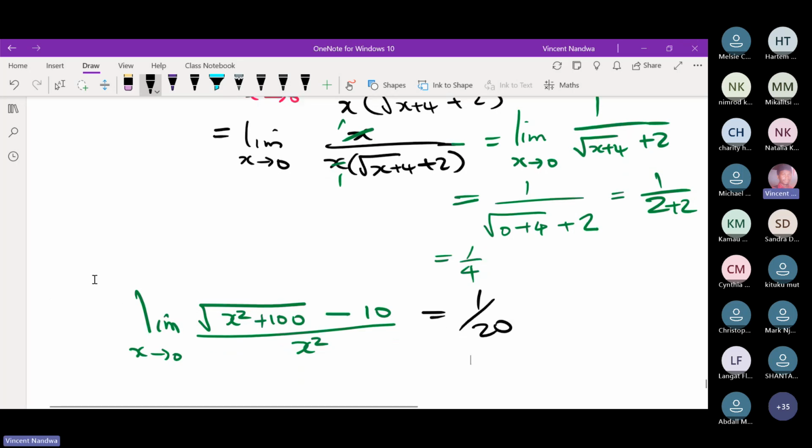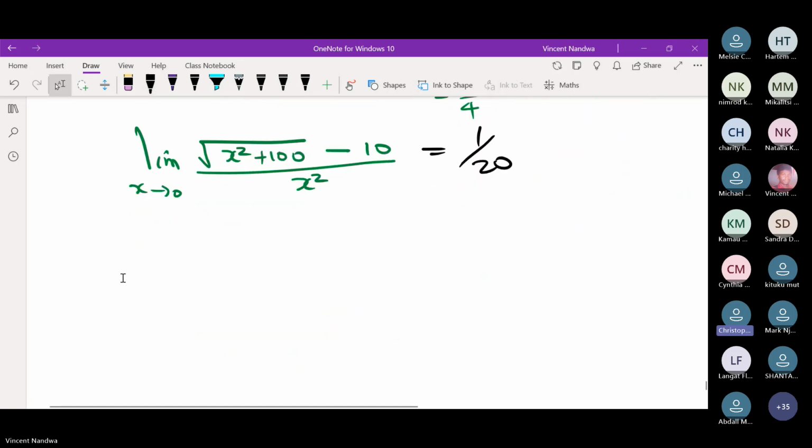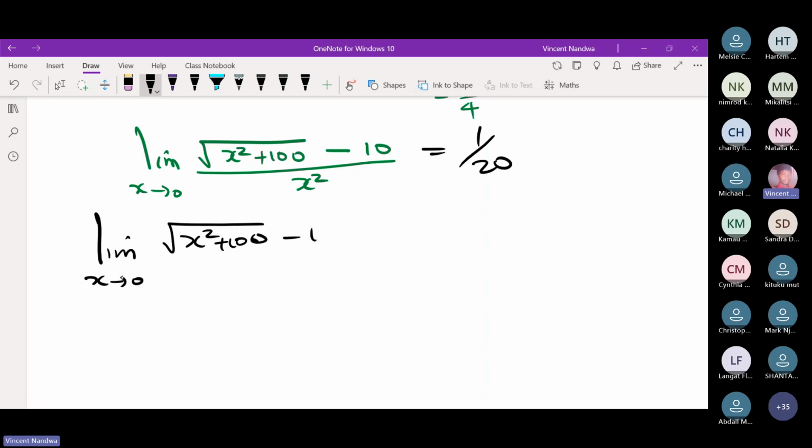So this is how that answer is obtained. Because we can see a root sign, it's actually a rationalization problem. So we have the limit as x approaches 0 of square root of x squared plus 100 minus 10 over x squared.